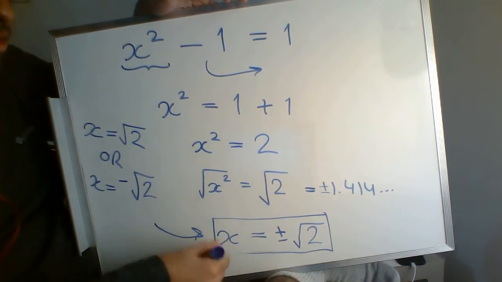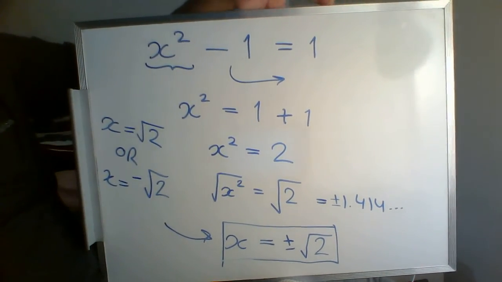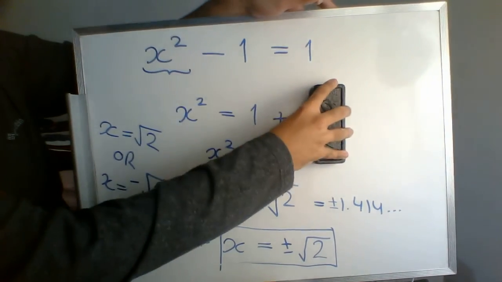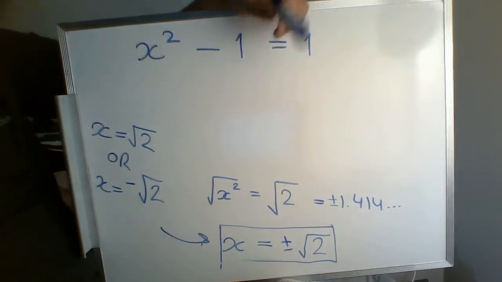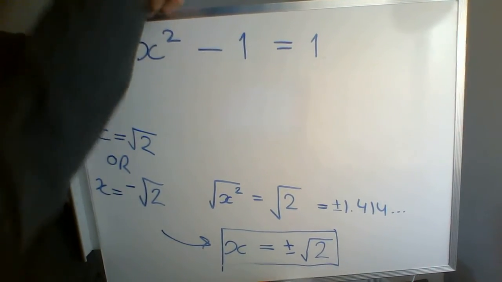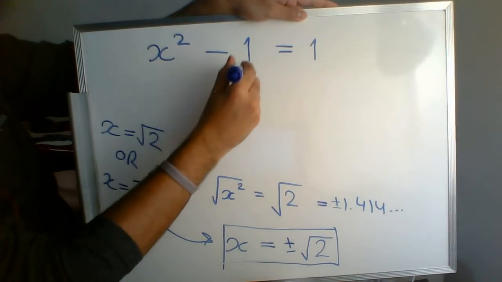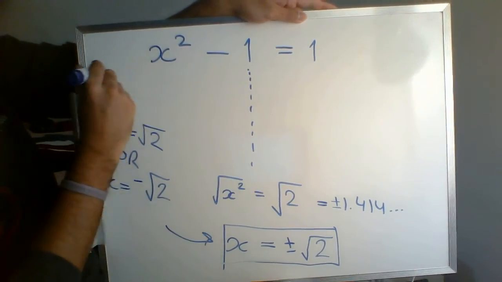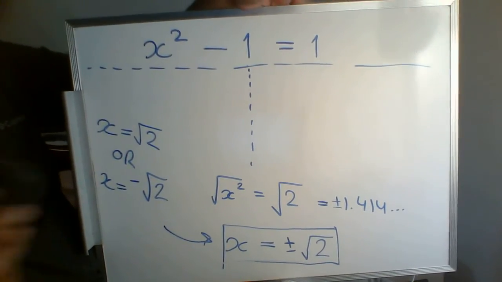And if you went ahead and plugged that in, you'd be able to see what happens. So if I get rid of all of that stuff, that means I'm plugging in the positive square root of 2 or the negative square root of 2 into our starting equation. We'll plug in each of those, and then we'll call it a day.